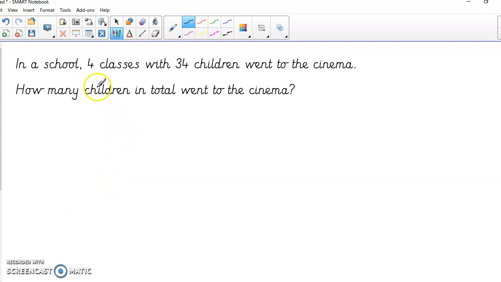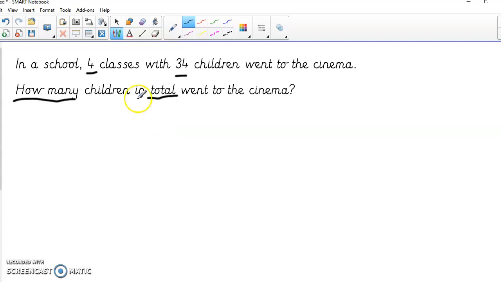So the first thing to do, remember, is to underline the key numbers, how many children and how many. And I have this word total. That tells me that I'm not dividing, I am not subtracting, I am adding everything up. So now I need to write the number in formal short method.